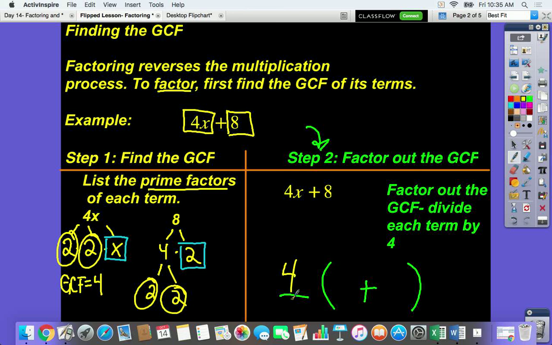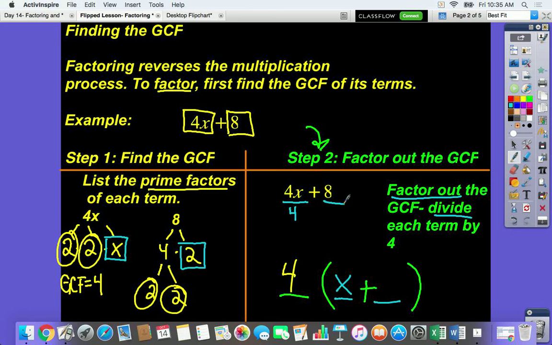Now what we need to figure out is what still is left to go inside. Two ways to do this. The first way literally would be to factor out or divide each term of the expression by 4. Well, when I divide 4x by 4, what am I left with? 4x divided by 4 leaves me with x.